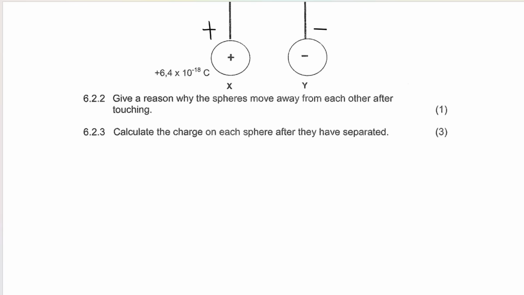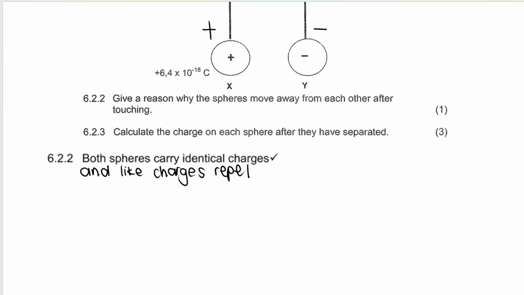And when they transfer electrons and then they separate again, they will end up having the same charge. And when they have the same charge, that means that they will then repel each other because like charges or the same charges repel. So there's your answer. Both spheres will carry identical charges or the same charges, and like charges repel. That's why they move away from each other, because they repel.